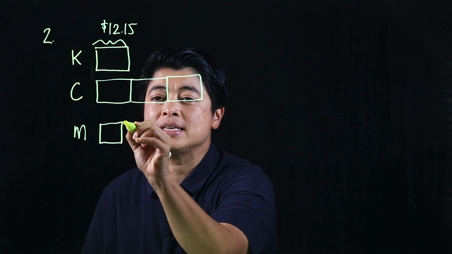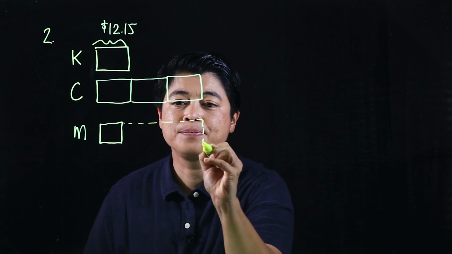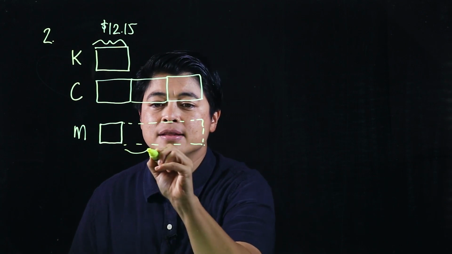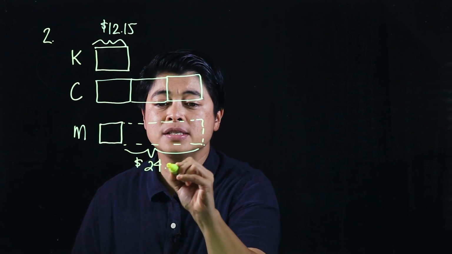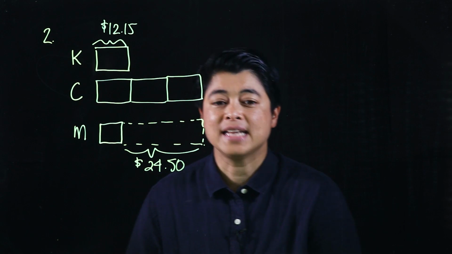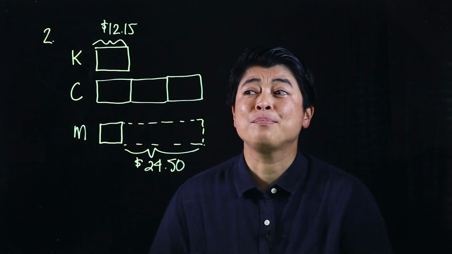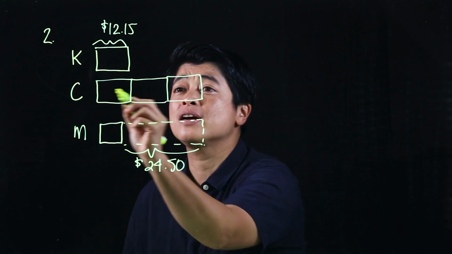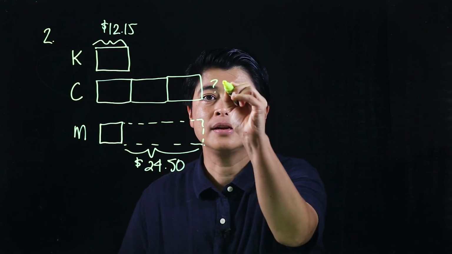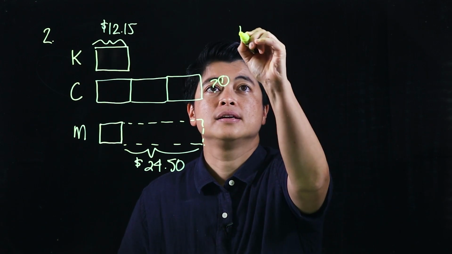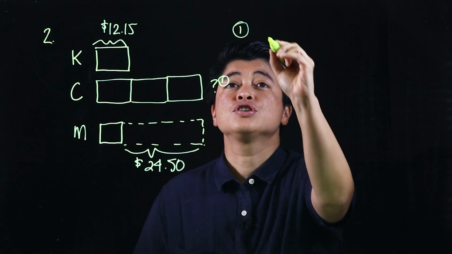This is the $24.50. So step 1, clearly we need to figure out how much Carl has.